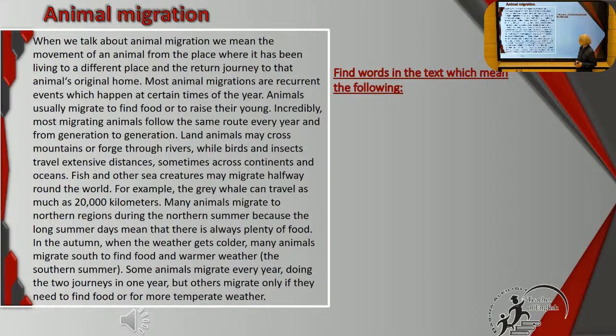Many animals migrate to northern regions during the northern summer because the long summer days mean that there is always plenty of food. In the autumn, when the weather gets colder, many animals migrate south to find food and warmer weather, the southern summer. Some animals migrate every year, doing the two journeys in 1 year, but others migrate only if they need to find food or for more temperate weather.